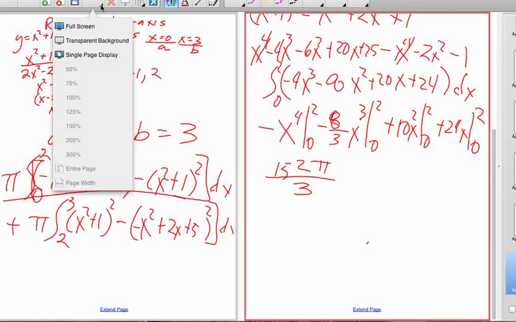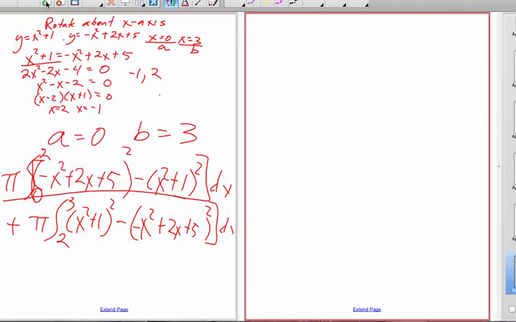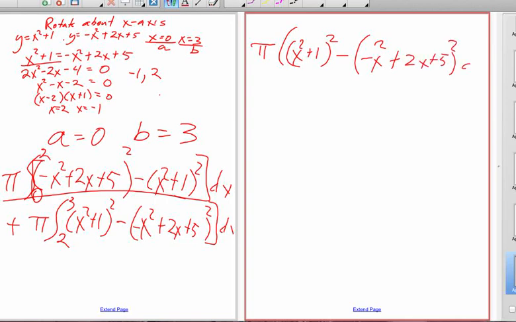So now I have to add in the part from 0 to 3, which is what we do is we switch these things. So I'm going to have my x squared plus 1 squared minus the negative x squared plus 2x plus 5 squared dx.